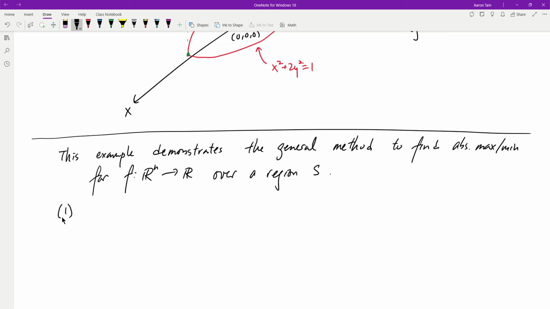Number one, the first step is to identify interior critical points.